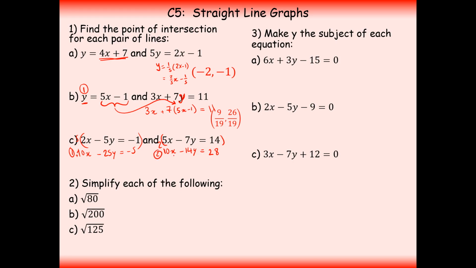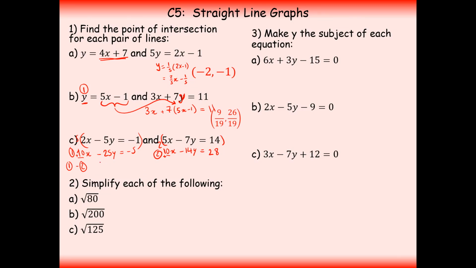Because the signs are the same, the sign of the number that we got to be the same, 10. So if I say 1 minus 2, 10 minus 10 is 0, minus 25 minus a minus 14 means add 14 to it.